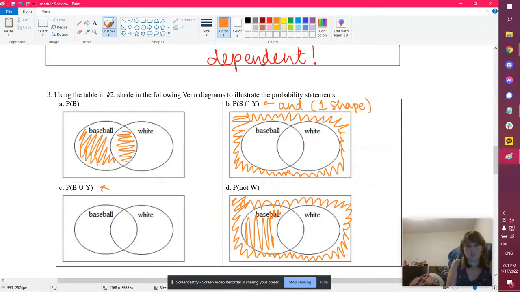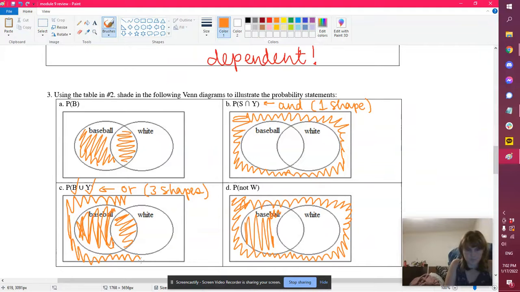And then this one is an or. And that means we're going to fill in 3 of these shapes. We want baseballs, so we're going to fill in every single baseball shape. It's basically just part A again. Then we're also going to fill in the yellow shapes, so the things that aren't white. So that's this outside one.